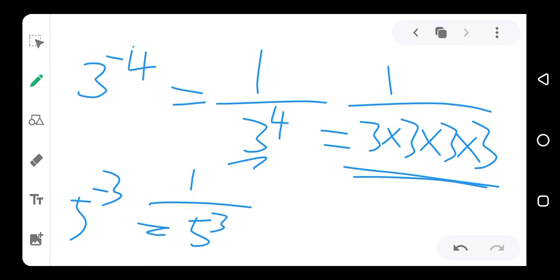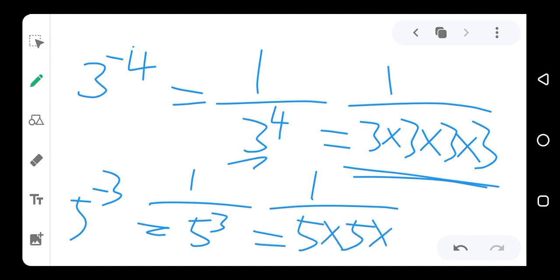Now this is equal to the 1 on top still remains intact. Then the 5, we find the expanded form of it by looking for the number of times it is occurring, which is 3. Now it becomes 5 times 5 times 5. So this is the answer for 5 raised to power minus 3.